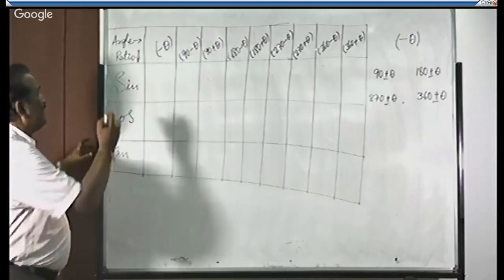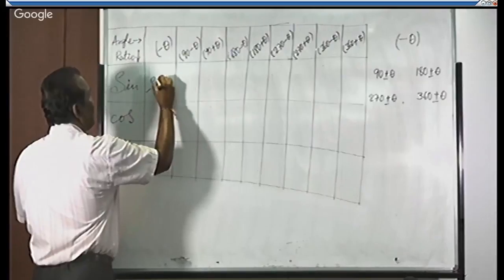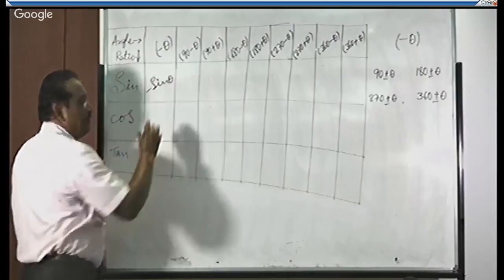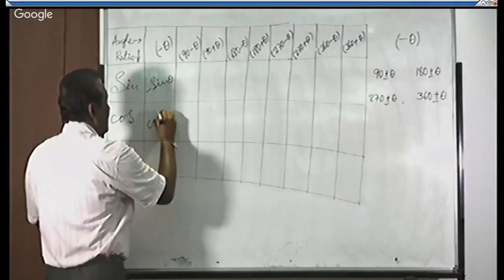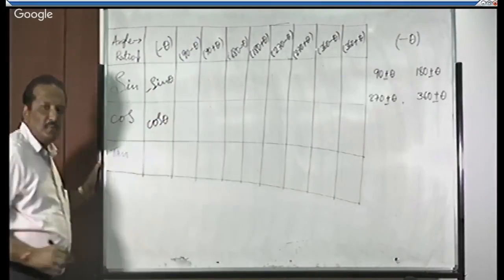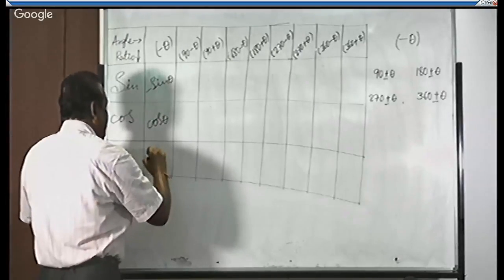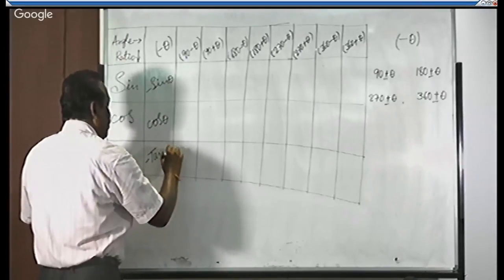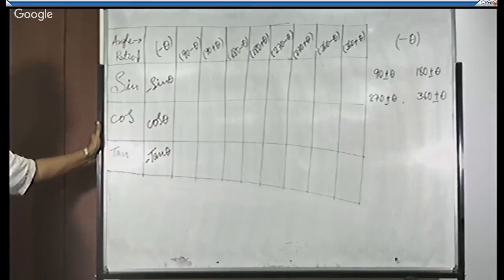Like that, sine of minus theta is minus sine theta because sine is negative in the fourth quadrant. Cos of minus theta is plus cos theta because it is positive in the fourth quadrant. Like that, tan of minus theta is also negative in the fourth quadrant: tan of minus theta is equal to minus tan theta.